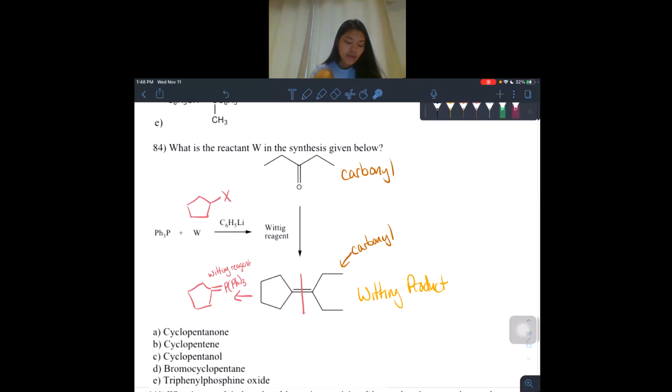Because remember that what we start with to form the ylid is some type of alkyl halide, and then we react it with the PPh3, and then we take off a hydrogen with the C6H5Li, and that is how we form our Wittig reagent.